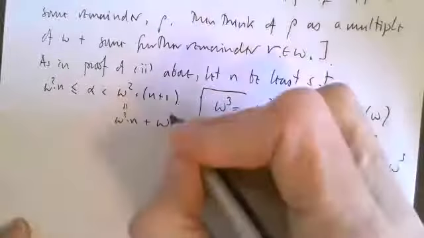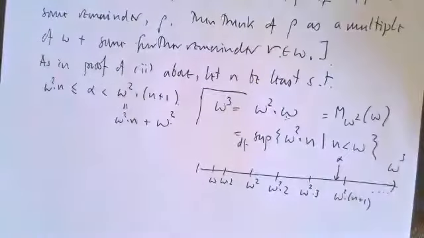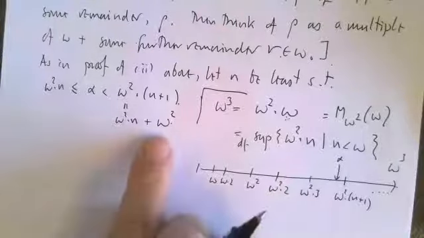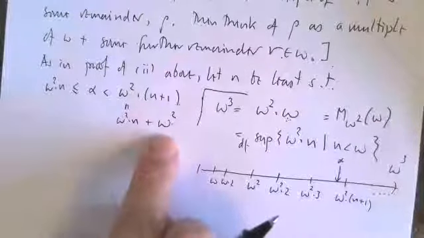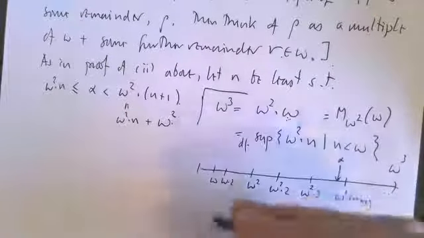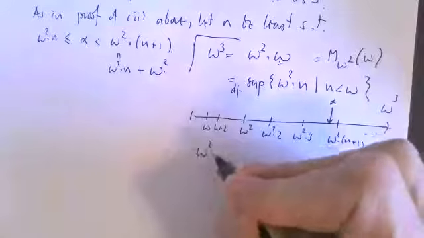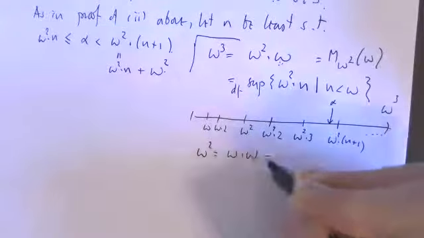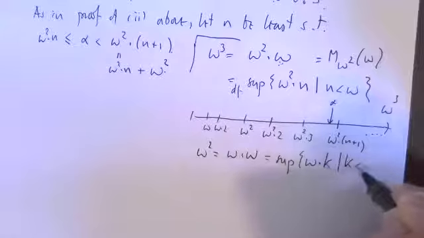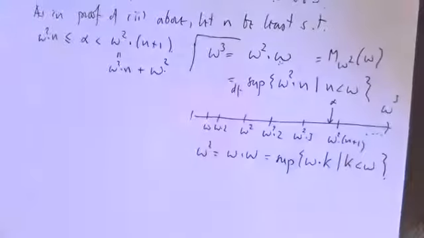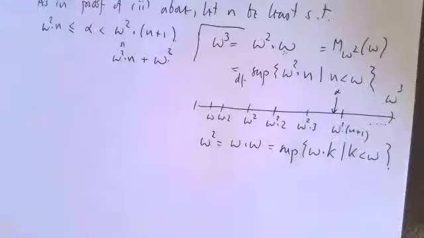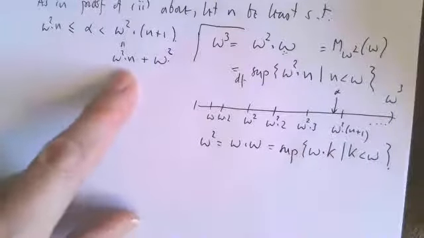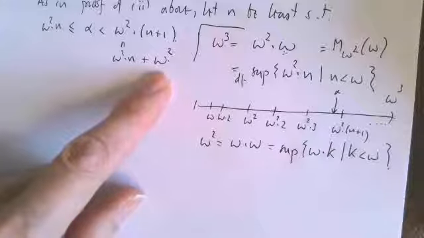Sorry, omega squared times n plus omega squared. So altogether, this multiple of omega squared is too far. Now again, omega squared, just to spell it out, is omega times omega, and this is the supremum of the omega times k's for k less than omega.